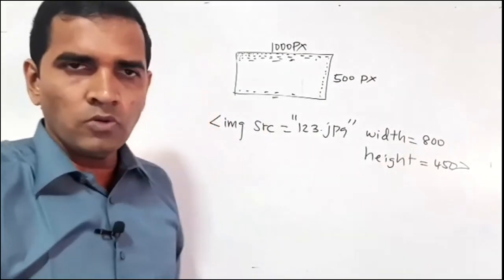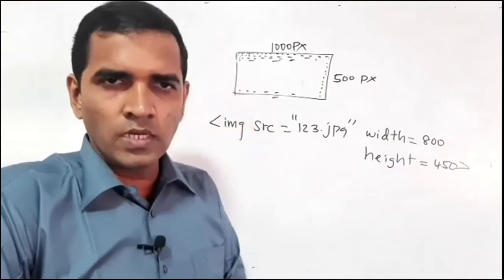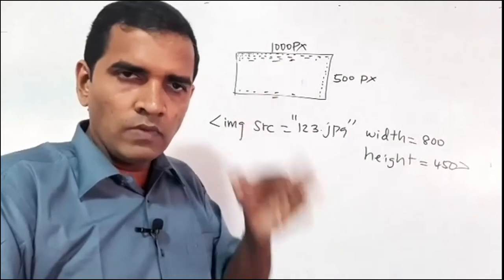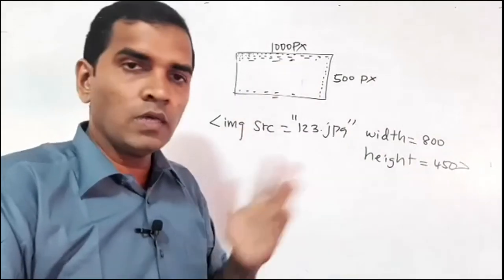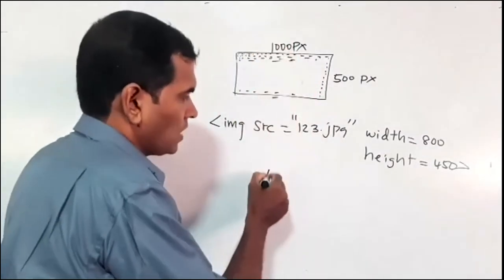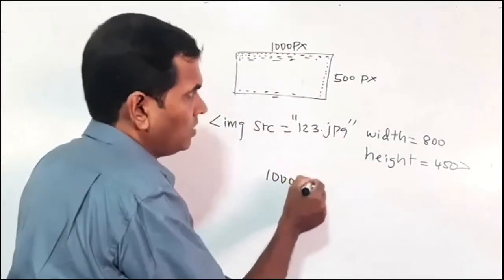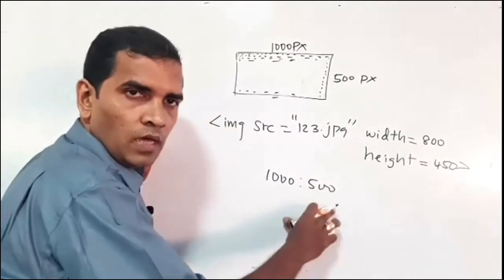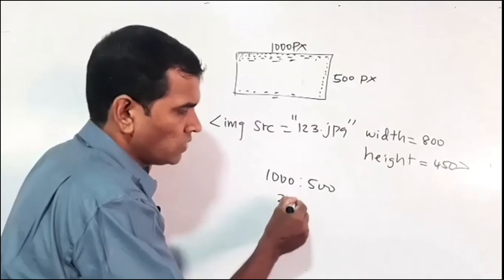You can have the output on the screen, but this is not the right way, because look at that. In the original image, you have a ratio between the width and the height. See, 1000 pixels width, and 500 pixels height. The ratio between the width and the height is 2:1, right?